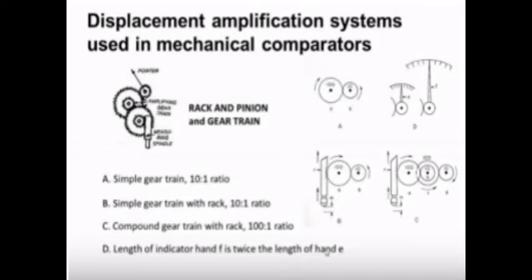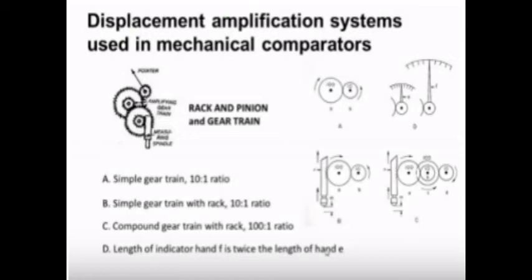And then we have a compound gear train with rack, which will give us 100 to 1 amplification ratio. And then we have the length of the indicator hand. As the length of the indicator increases, there also we get some amplification.